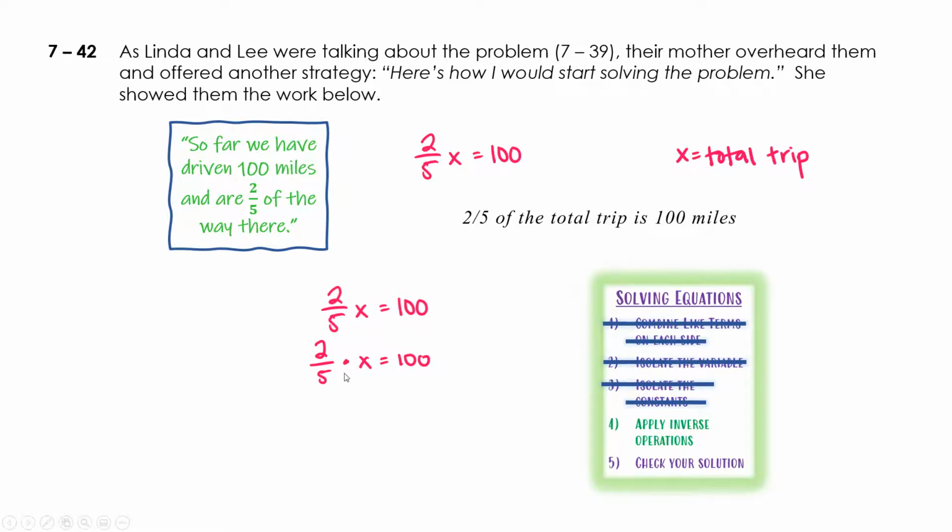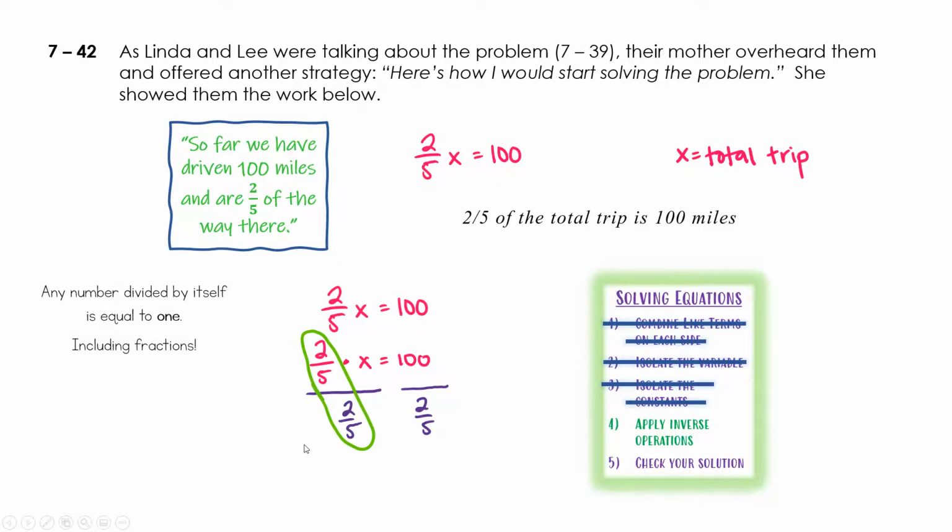I need to apply inverse operations right here. So I'm going to divide both sides by 2/5. Now notice on the left side, I have 2/5 over 2/5, and any number divided by itself is equal to 1. This includes fractions. So 2/5 divided by 2/5 automatically equals 1, and they cancel out.